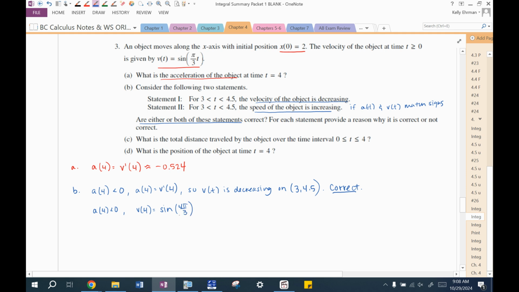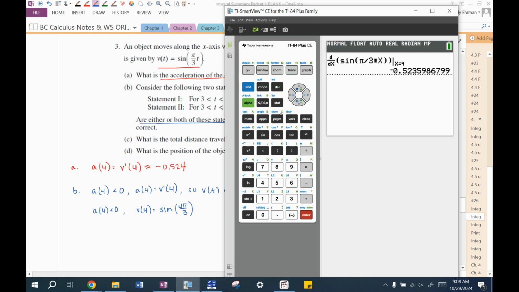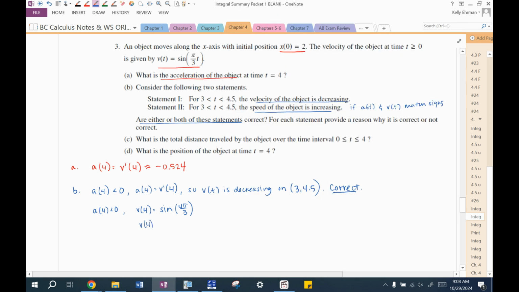Now, you can type this in your calculator if you want to be sure. But I'm also thinking back to my unit circle. 4 pi over 3 is in quadrant 3. Sine is negative. So, yeah, it's negative. So I'm going to say v of 4 is less than 0. So because these match, a of 4 is less than 0 and v of 4 is less than 0.